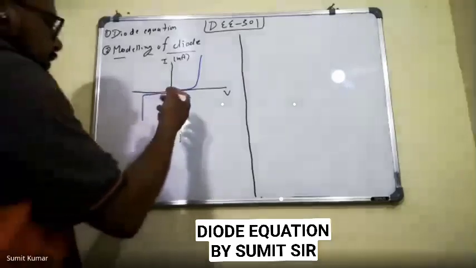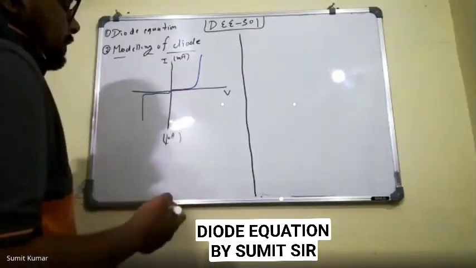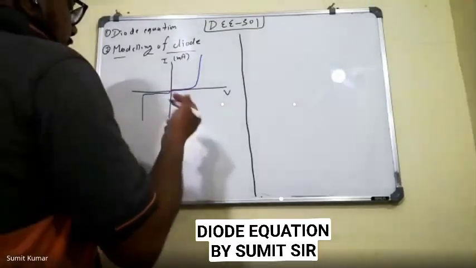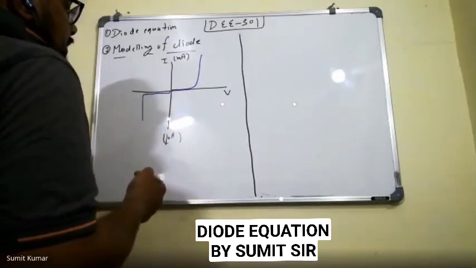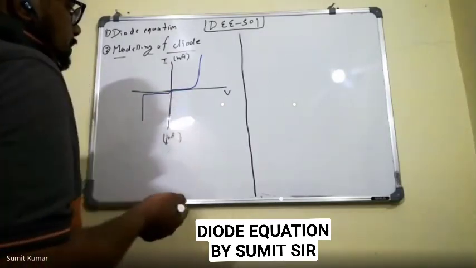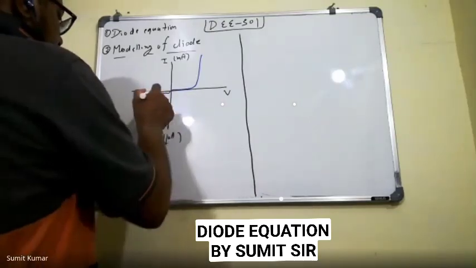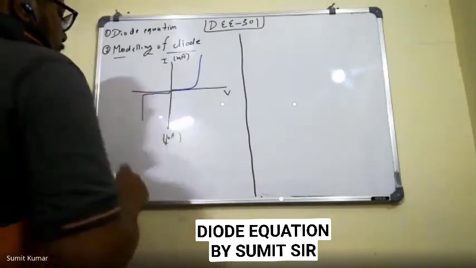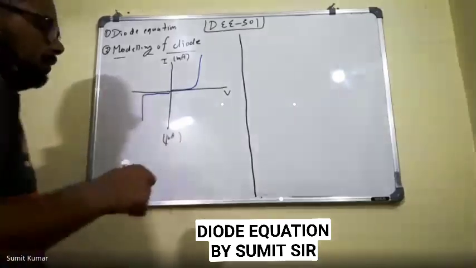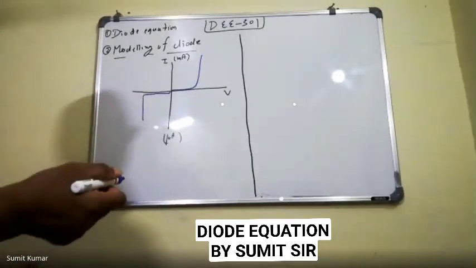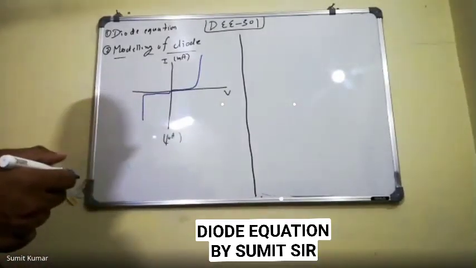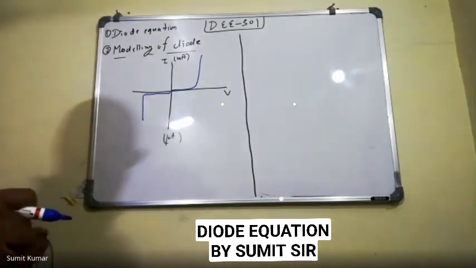We obtain the forward bias characteristics when we apply the positive terminal at the P side and negative terminal at the N side, and the reverse bias characteristics when the polarity is reversed and the N type is connected to the positive and the P type is connected to the negative.